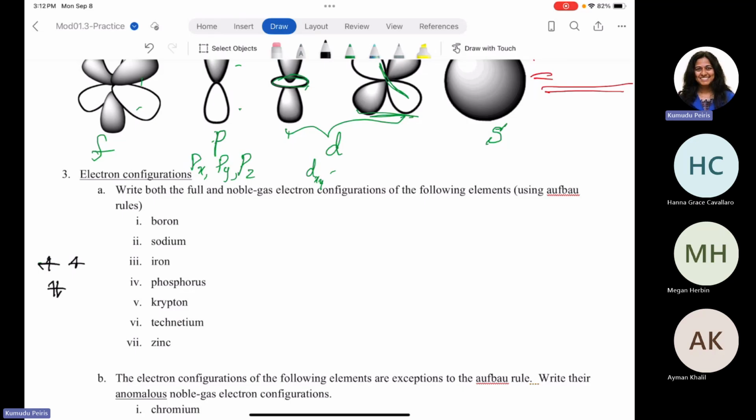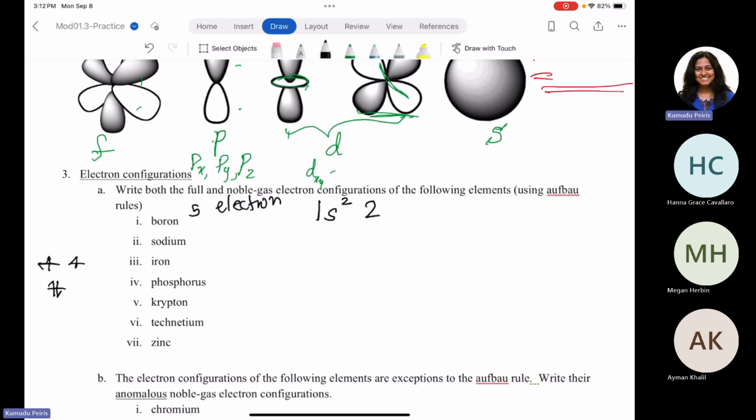Right. The boron. First of all, we must know the number of electrons in boron. Boron has 5 electrons. So we have the 1s. How many electrons can we fill into 1s? The maximum, 1s2. So energy level 1 has only the s orbital, and that was filled. Next, we'll go to the second energy level.